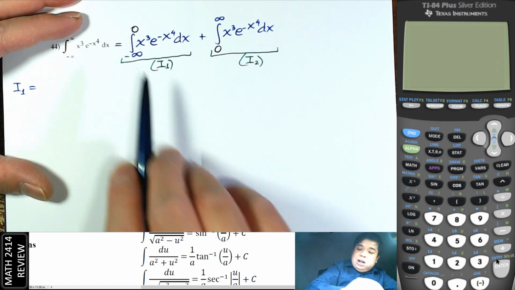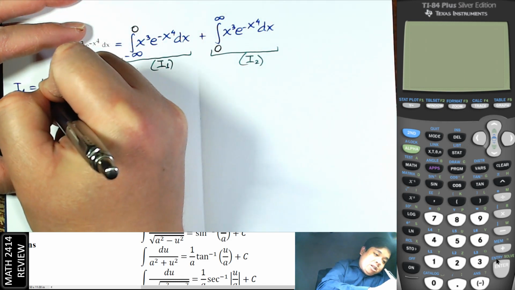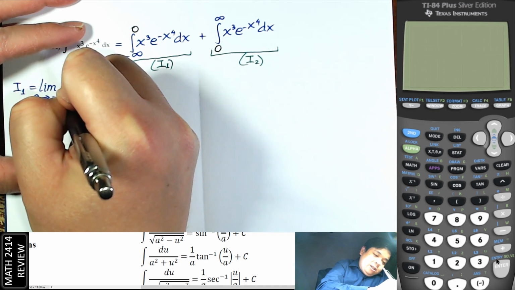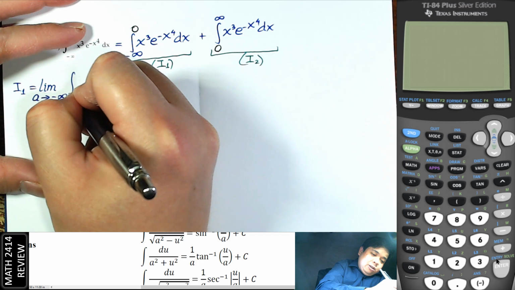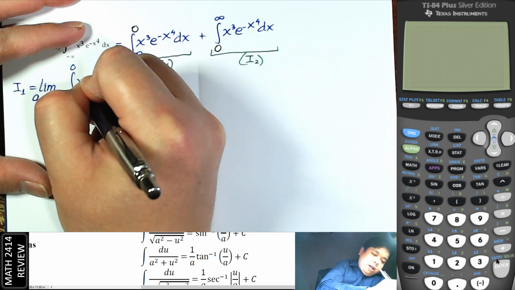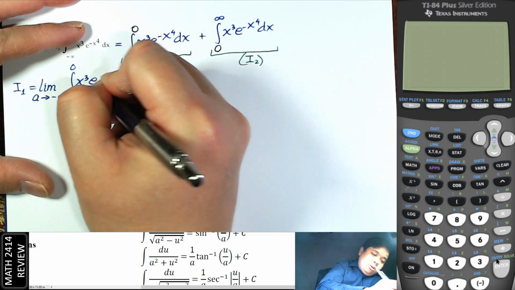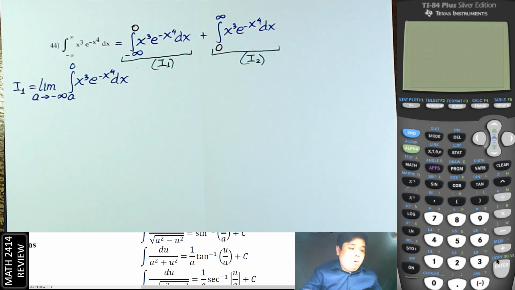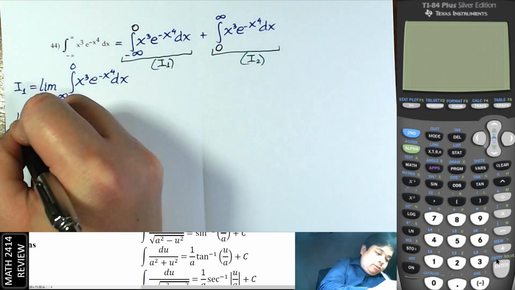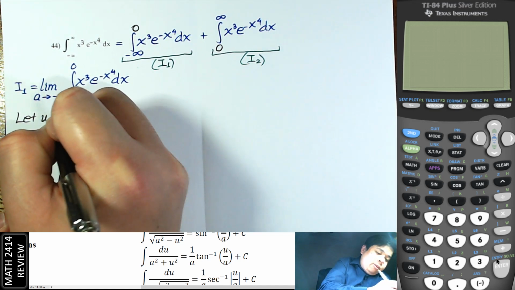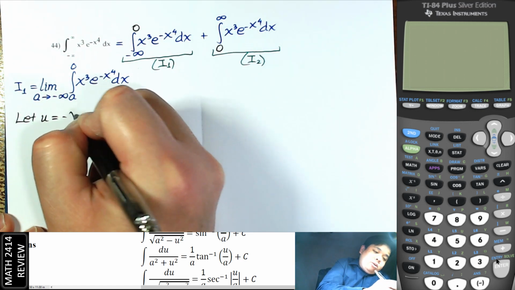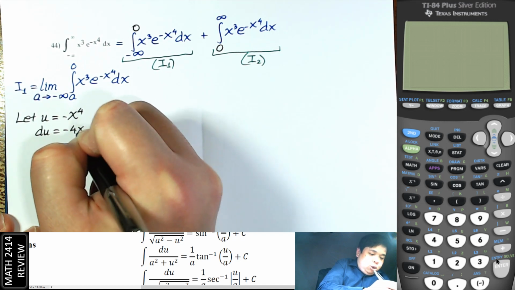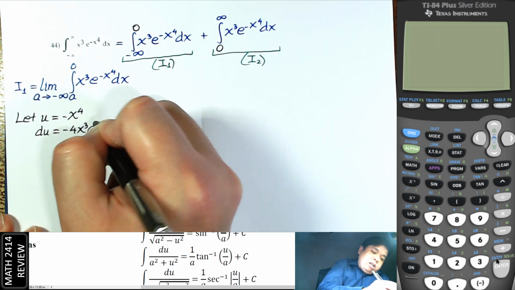For this one, lower limit at negative infinity, so I replace that by a, x cubed e to the negative x to the fourth dx. Of course, like I mentioned before, this is a substitution. u equal to negative x to the fourth, so du is negative 4x cubed dx.